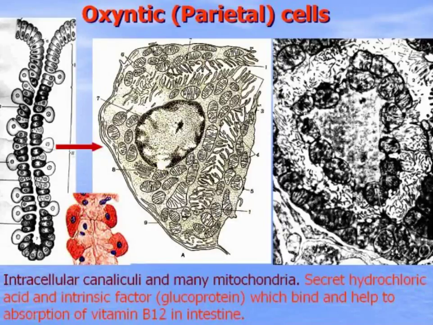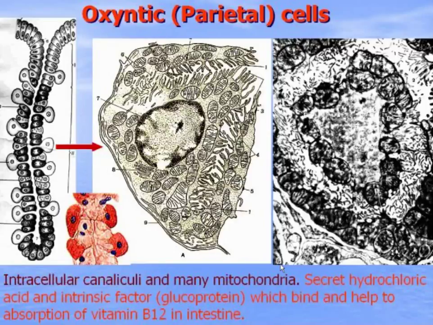Oxyntic or parietal cells. Oxyntic because they are oxyphilic. They stain with acid dyes a pink or red color because of a lot of mitochondria in the cytoplasm of these cells. Parietal is the name because of their location, outside, parietally, concerning the chief cells.